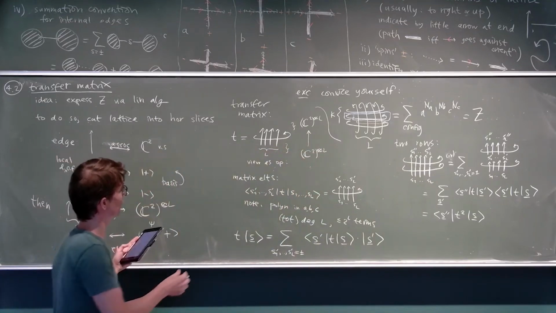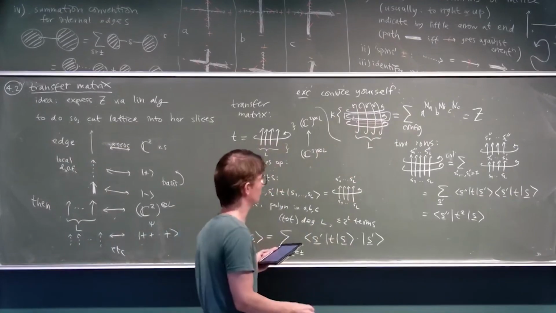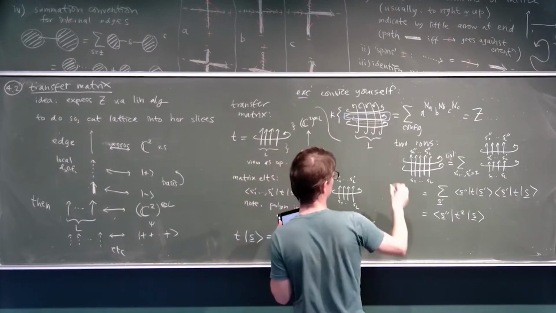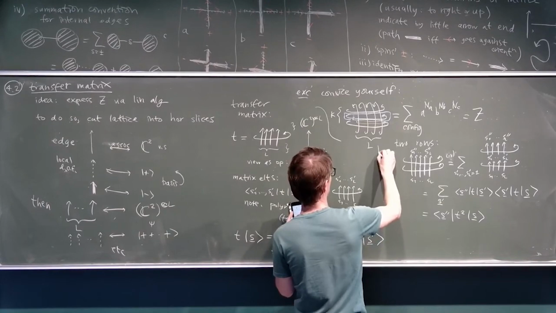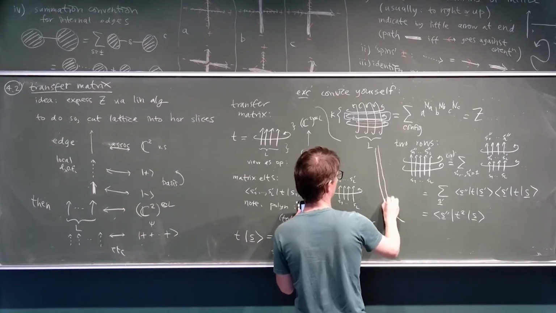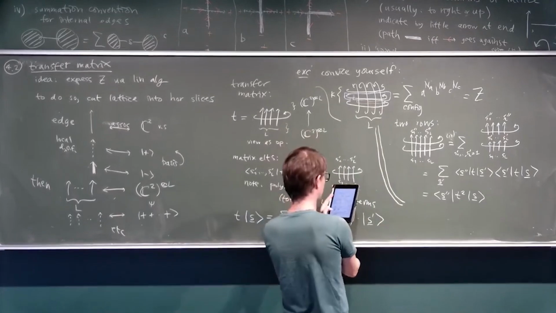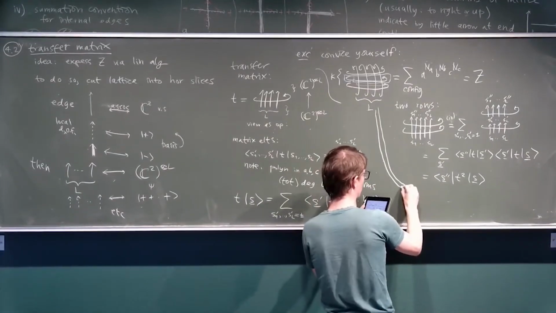Now let's think about the whole partition function. This whole picture here. Well, what is it? So this whole picture, which I'm allowed to assign values to. So what is this? Our partition function.